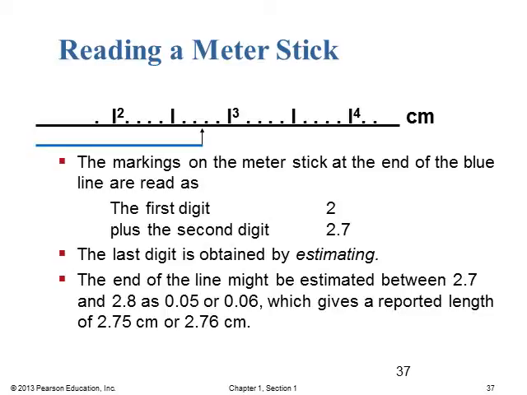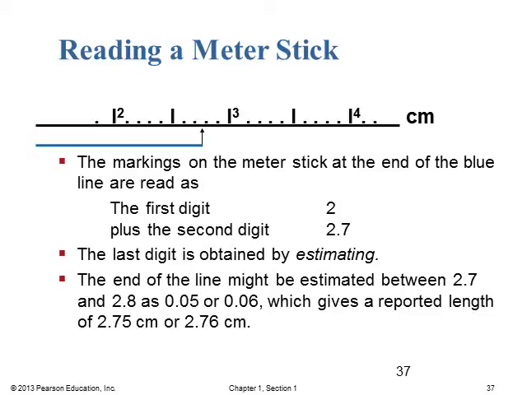1 decimeter. We'll talk about what decimeter means, but in this case, we see that we have 10 lines from the 2 and the 3. So that means that we have 2, 2.1, 2.2, 2.3, and so on at each of these dashes between 2 and 3.